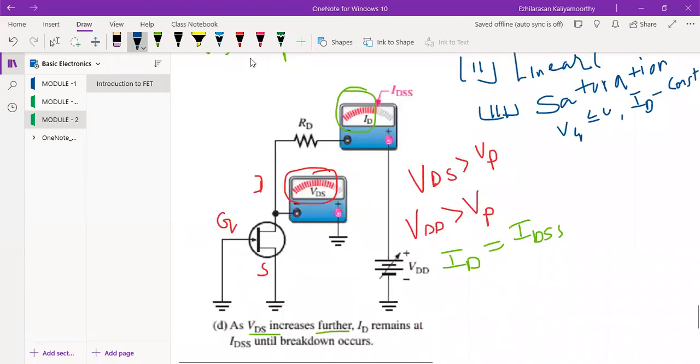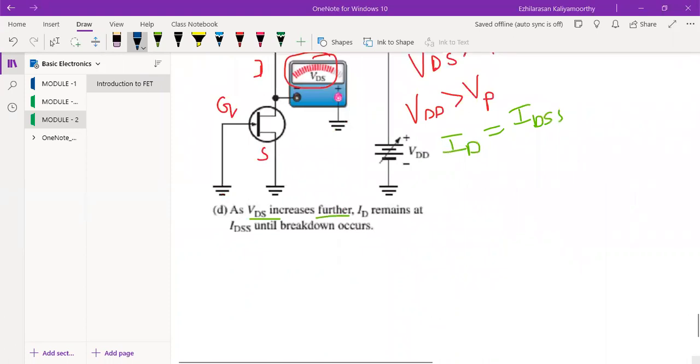VP is nothing but the pinch-off voltage.